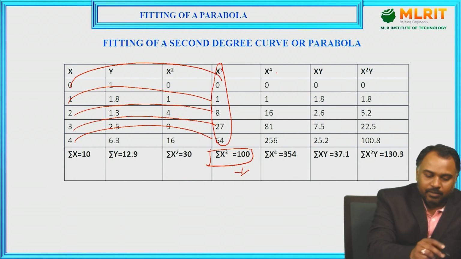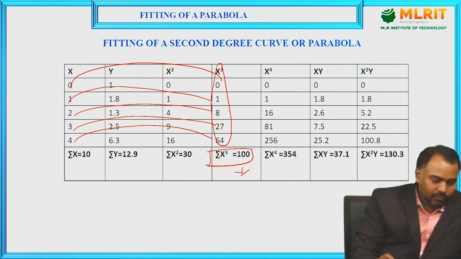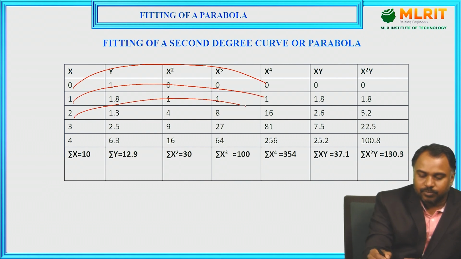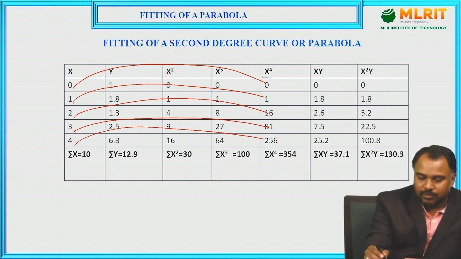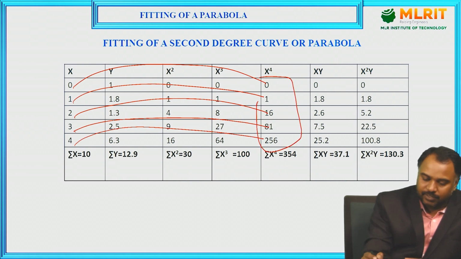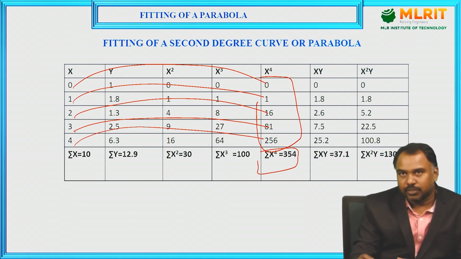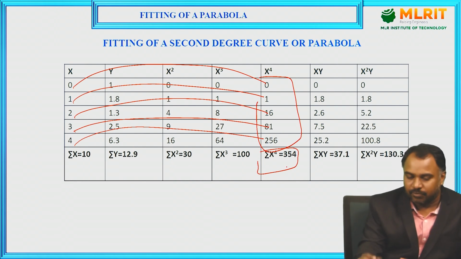In a similar way, summation x power 4 is required: 0 power 4 is 0, 1 power 4 is 1, 2 power 4 is 16, 3 power 4 is 81, 4 power 4 is 256. The sum of all these observations, summation x power 4, is 354.